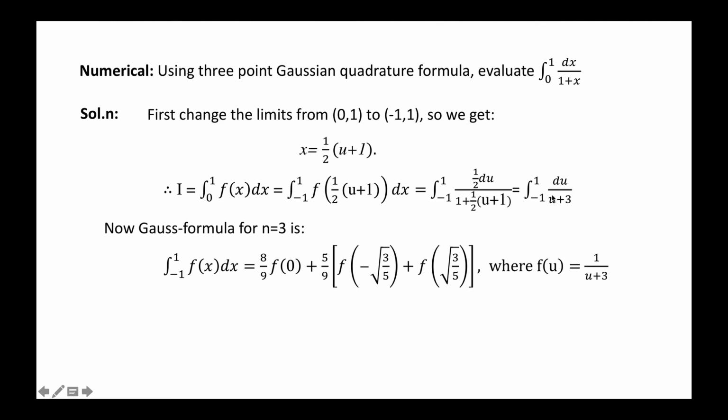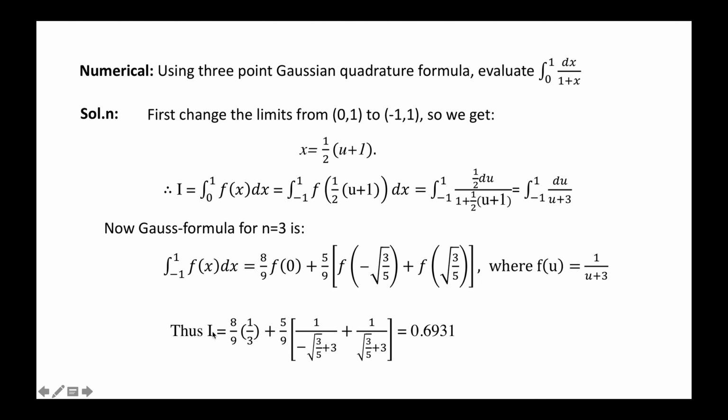Now your function is changed because you are now dealing with the u variable. So simply calculate the value of the function at these points, 0 and -√(3/5) and +√(3/5), and substitute their values in the right hand side.